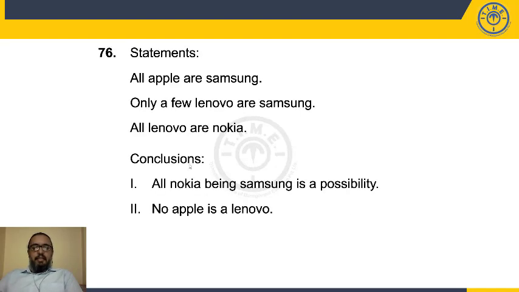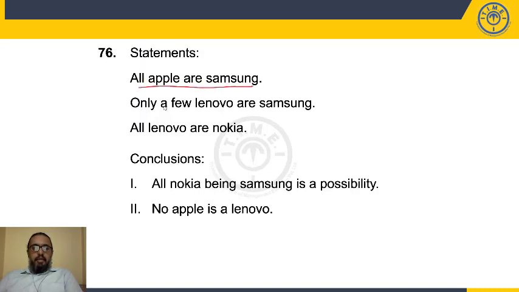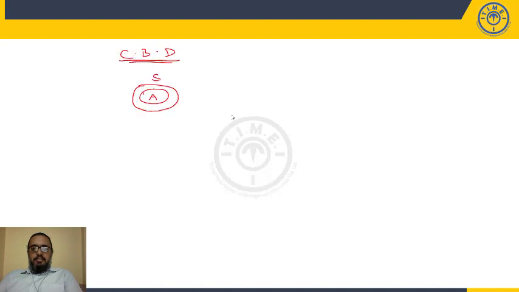Then coming to the next one, again let's draw the combined basic diagram. All Apple are Samsung. Then only a few Lenovo are Samsung. Then all Lenovo are Nokia. So this is the combined basic diagram.